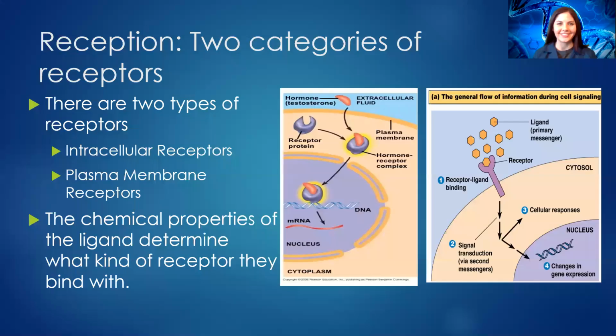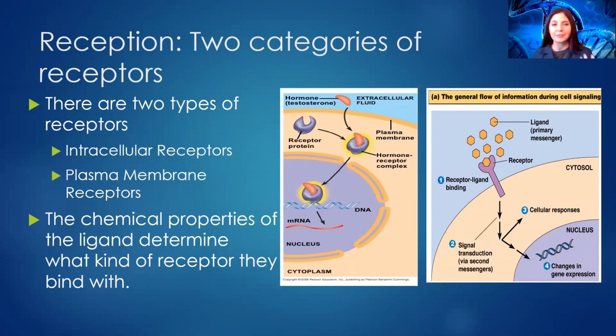So let's get started. First of all, I want to discuss the two different types of receptors that you might encounter in your studies of cellular communication. We have intracellular receptors, and just like they sound, those are receptors that receive signals inside the cell, meaning that the signaling molecule, or the ligand, actually goes through the plasma membrane and then eventually will dock with its intracellular receptor.